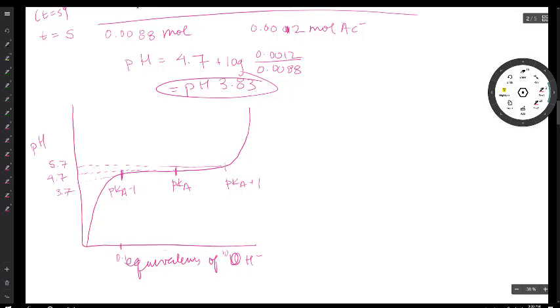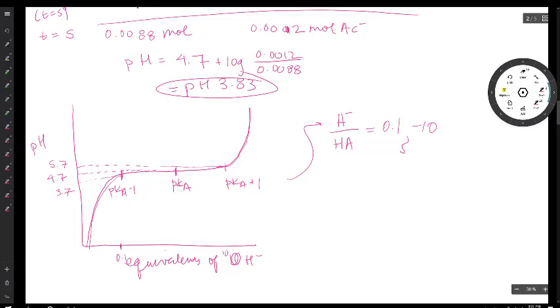However, once we get out of the pKa range, once we change that ratio to be beyond pKa plus or minus 1, the change in the pH is going to increase or drop off pretty steeply. And this corresponds to when we have the A minus to HA ratio between 0.1 and 10.